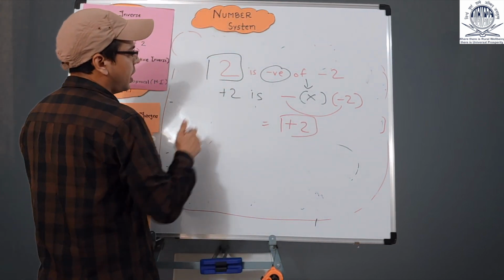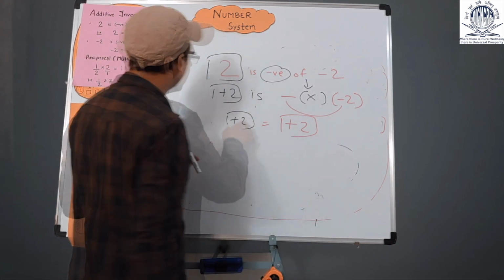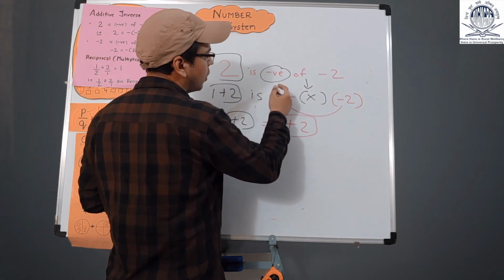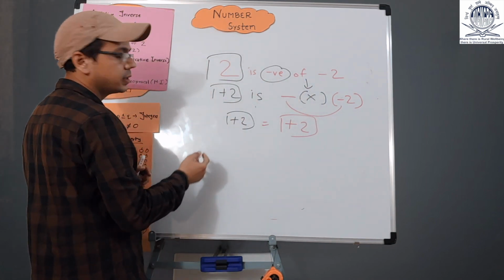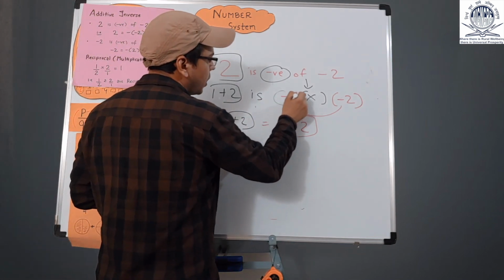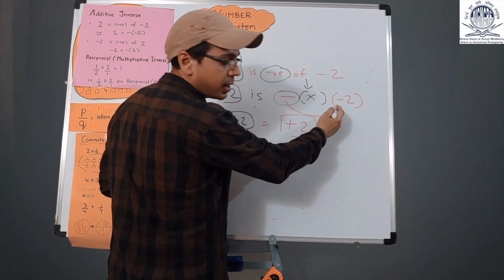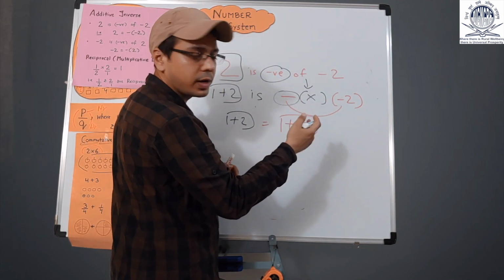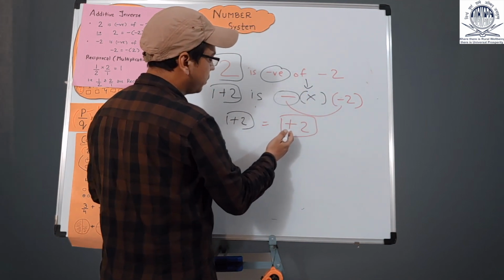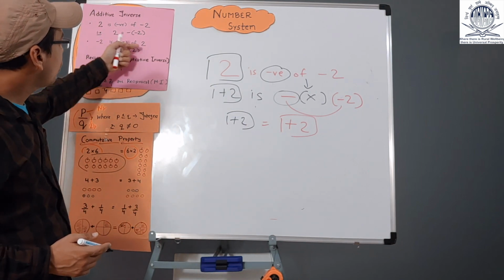And yes, I started with plus 2, so this means plus 2 is plus 2. So as we discussed, 2 is the negative of minus 2. Same signs multiply to give me positive. Now if you take the reverse, that negative 2 is the negative of 2.